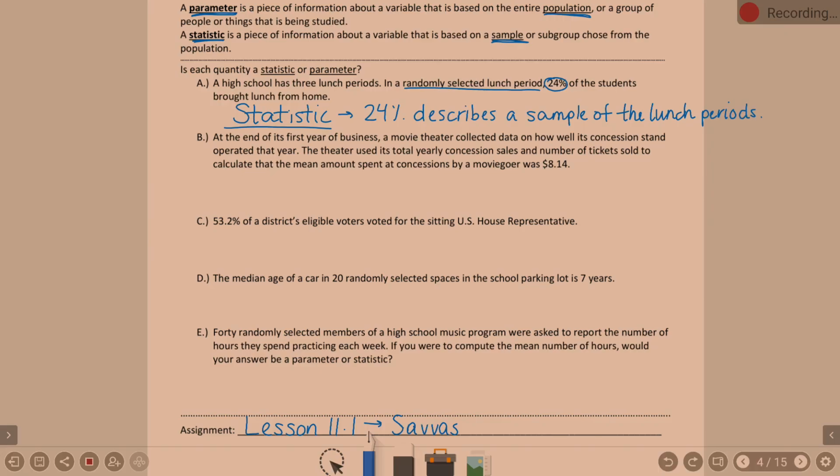Okay. So that's a good example of a statistic.